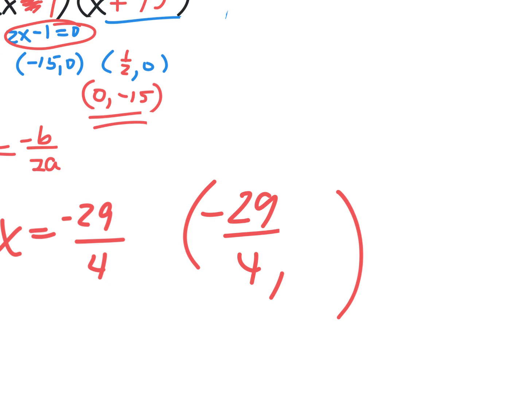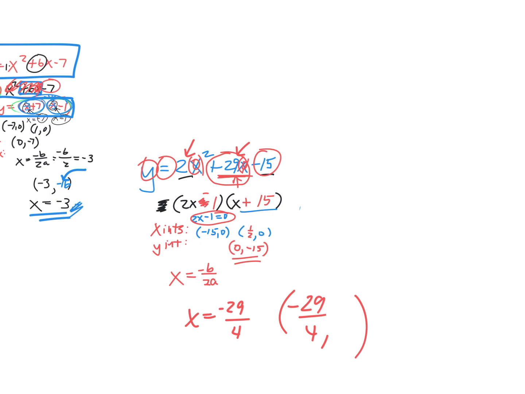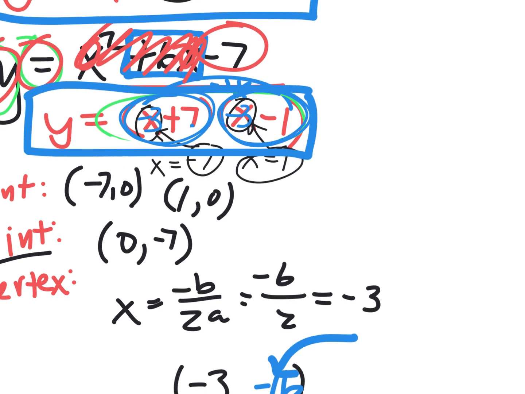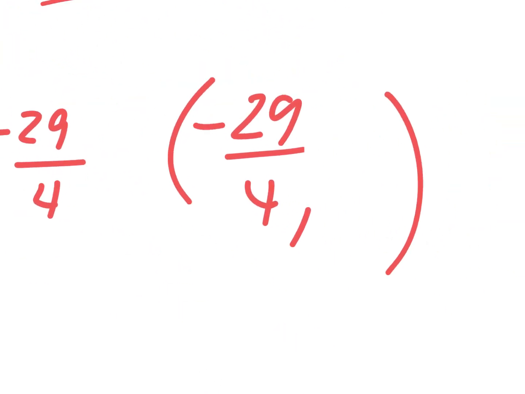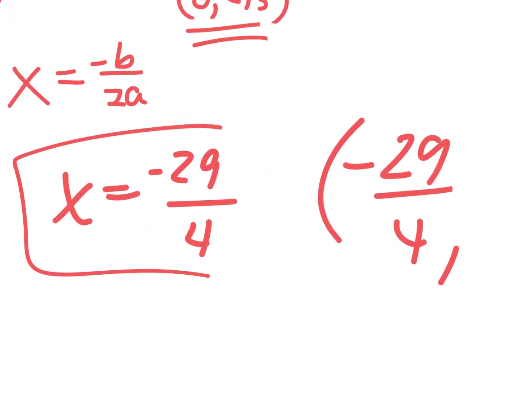That would be disgusting. So we probably wouldn't have any that hard. So that negative 29 fourths would have to go back in here and there, or in our factored form of it. Too hard. Wouldn't do that to you. But at least you could have figured out the axis of symmetry.